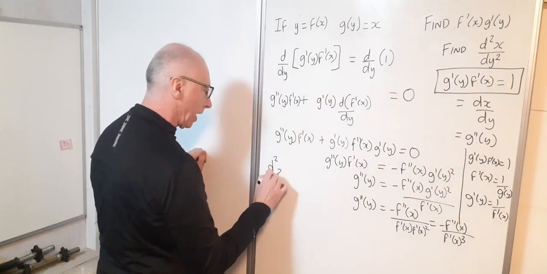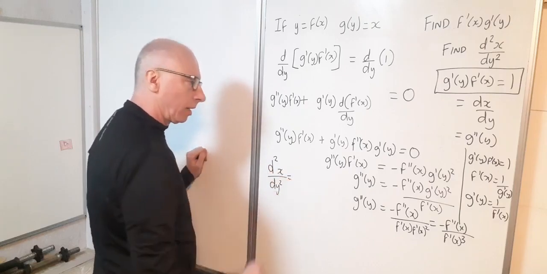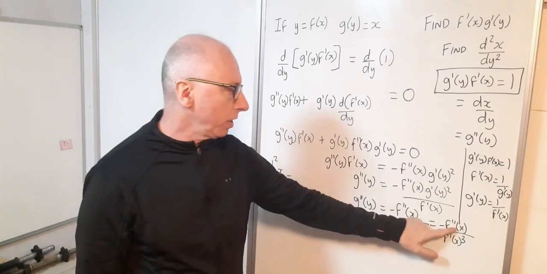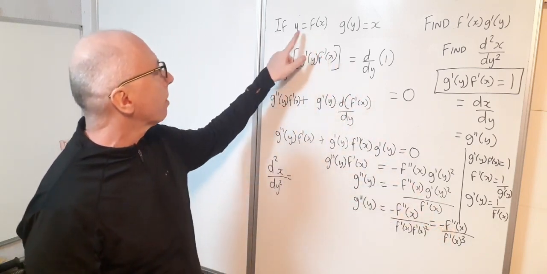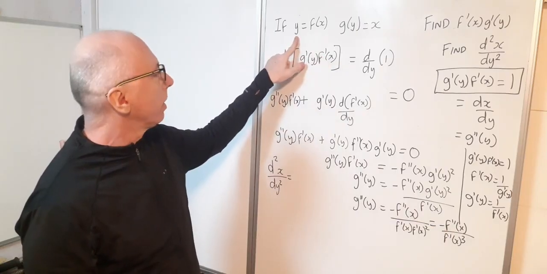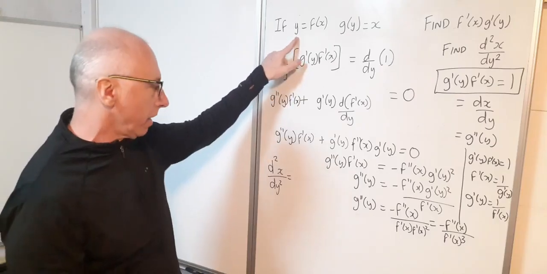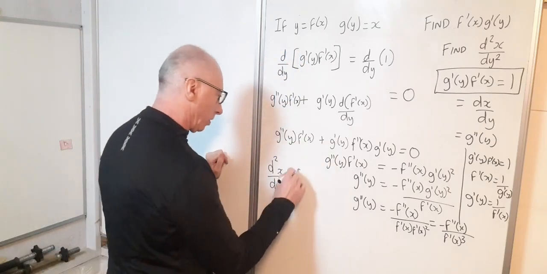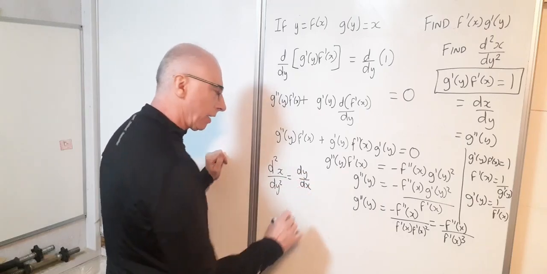d squared x over dy squared. Now I've got the second derivative of x with a negative. Well, what is f of x? That's my y, so I could write that as dy/dx.